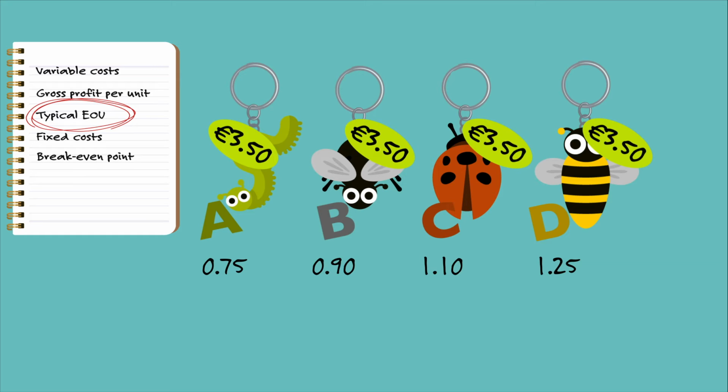Rather than make separate EOUs for similar products, Claire uses the average cost of each keyring to calculate the EOU for her business. She adds the cost of her 4 different keyring types together and divides by 4 to get an average cost, which in this case is €1.